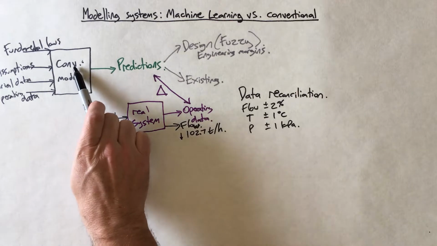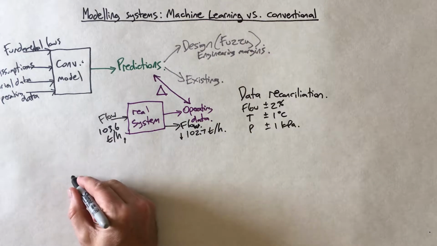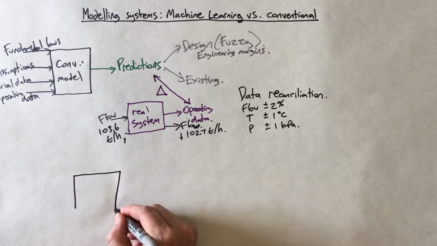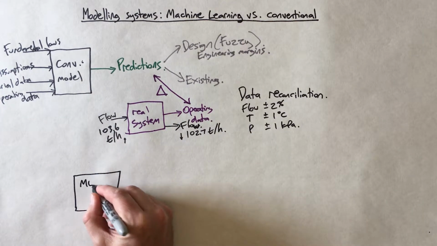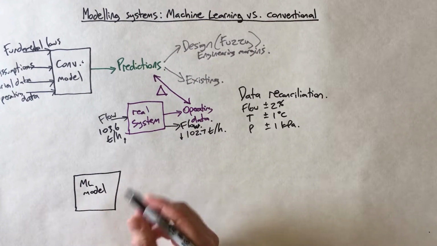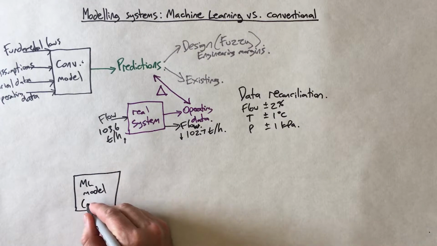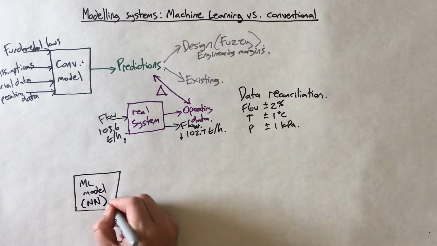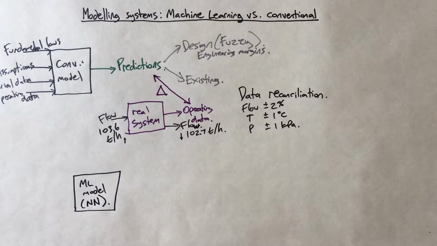So I mentioned before that we build our conventional models. I've represented that as a black box. Over here I'm actually going to represent our machine learning model, and what's inside that model is something known as a neural network. There are lots and lots of different types of neural networks out there.